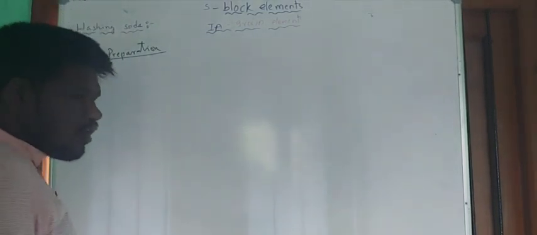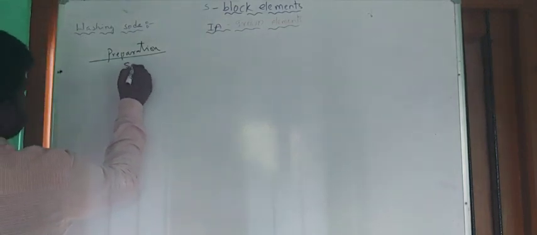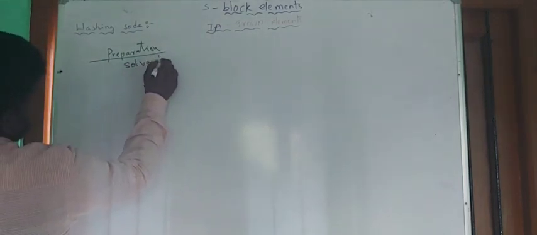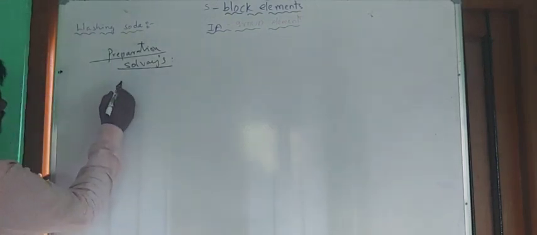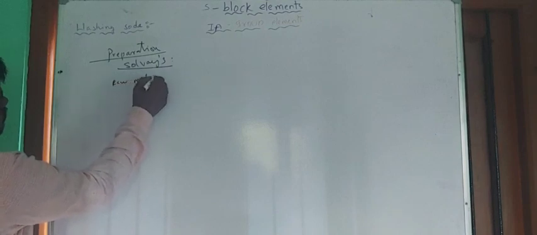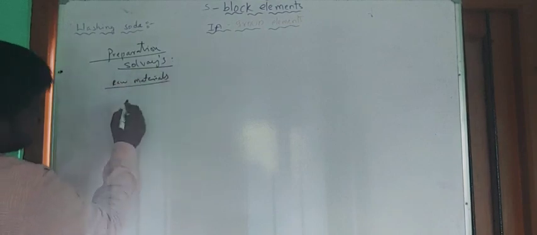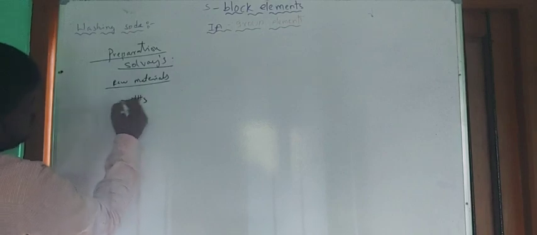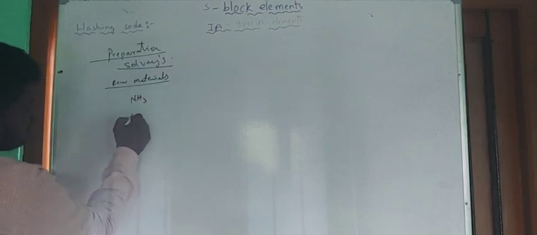Preparation. So guys, sodium carbonate or washing soda is prepared through the Solvay process. To prepare this through the Solvay process, the raw materials are ammonia NH3, and the next one is brine solution.